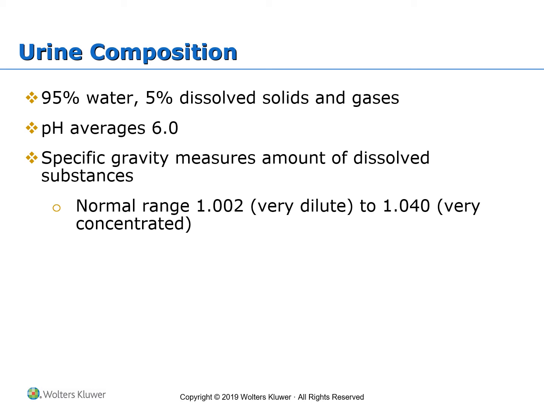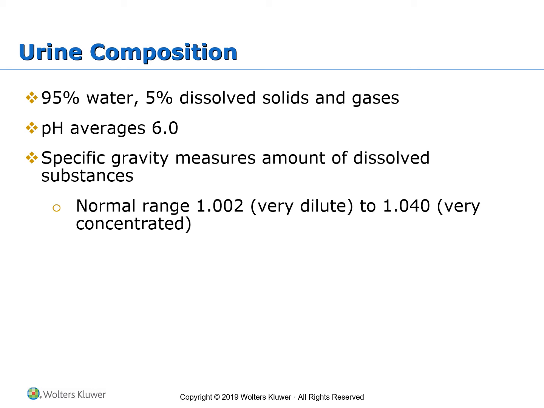Let's look into the dissolved substances. Whenever we are describing those, we are looking into what is called the specific gravity. The specific gravity of just water is 1, which means it has no particles dissolved in it. Whenever we start to dissolve particles in water, the specific gravity will increase.